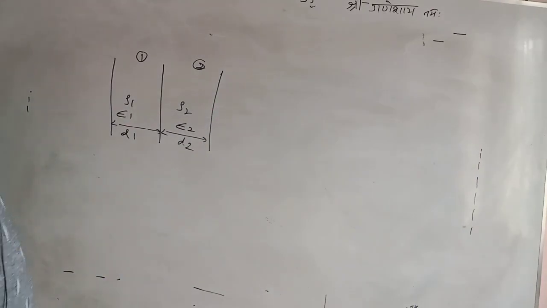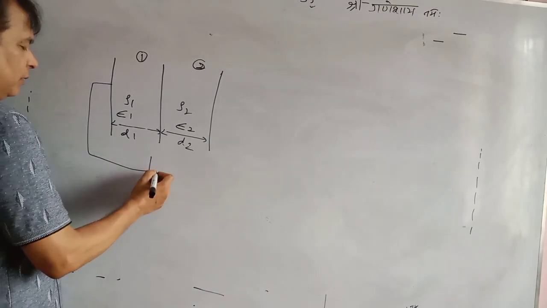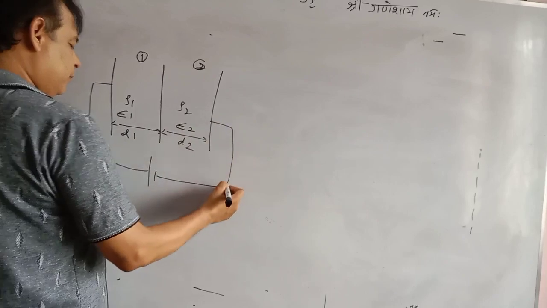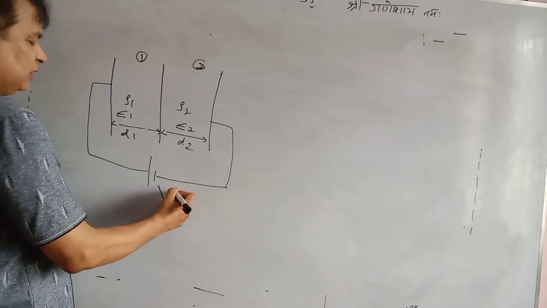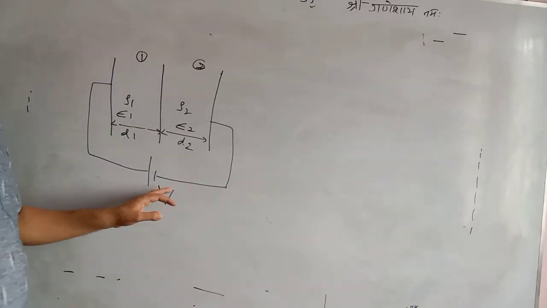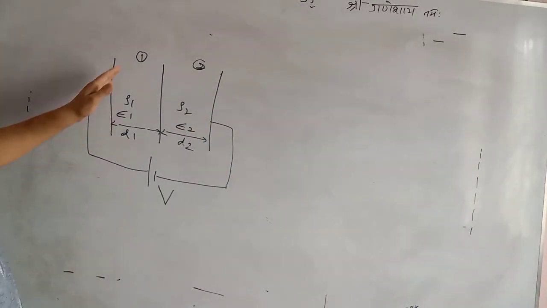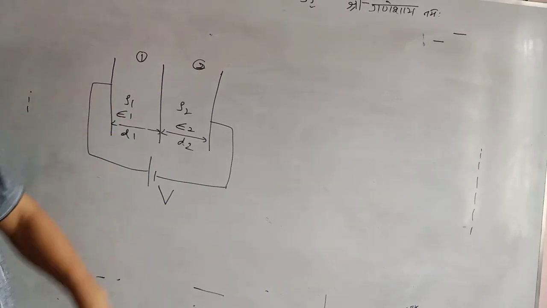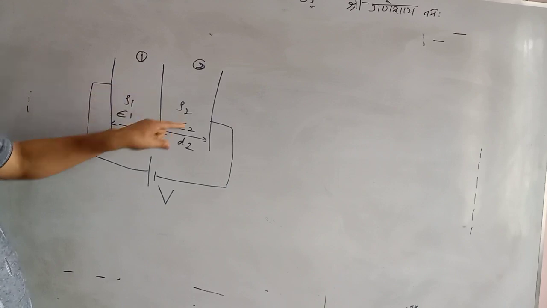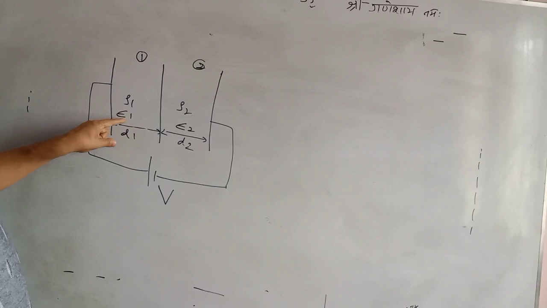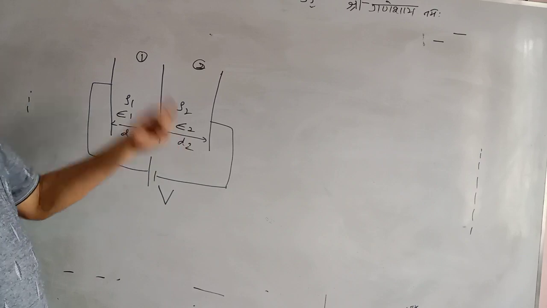That is connected with a DC source of potential difference V. V is the potential difference of the DC source connected between the two plates of this parallel plate capacitor, and the gap is filled up with these two different dielectrics of resistivities ρ1 and ρ2, absolute permittivities ξ1 and ξ2, and thicknesses d1 and d2.